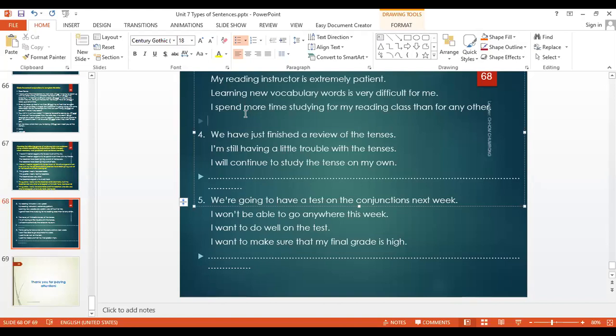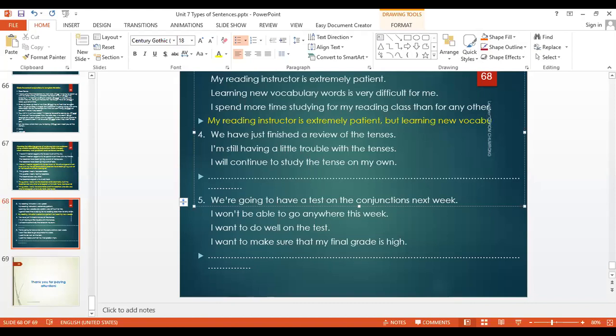My reading instructor is very good and extremely patient, but learning new vocabulary words is very difficult for me, and I spend more time studying for my reading class than for any other.